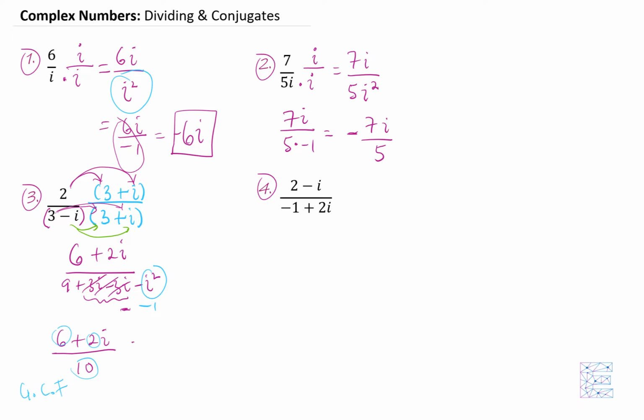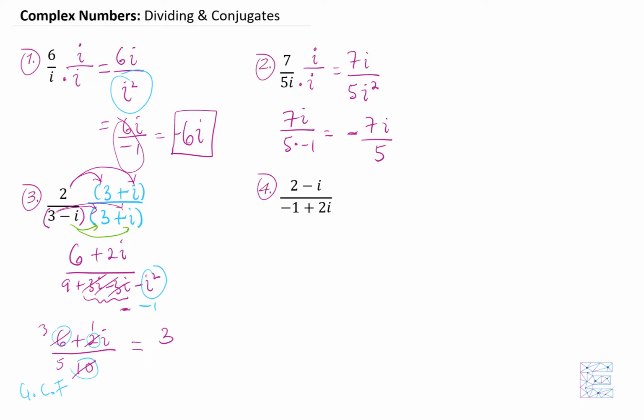So how would you simplify this? Well, you divide each of those numbers, the 6, the 2, and the 10, by the greatest common factor. And the GCF is 2. So 2 goes into 6 3 times. 2 goes into 2 once. And 2 goes into the 10 5 times.